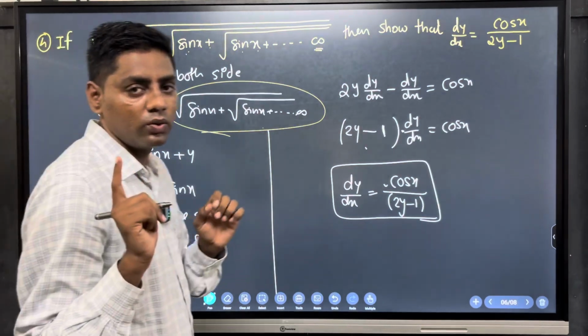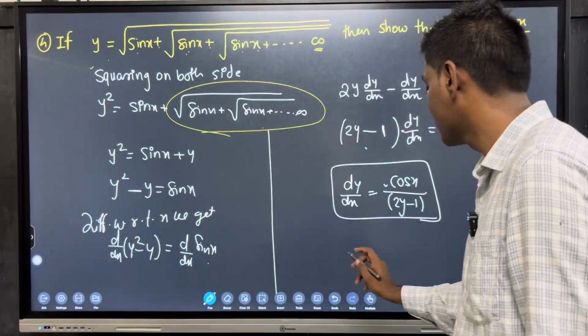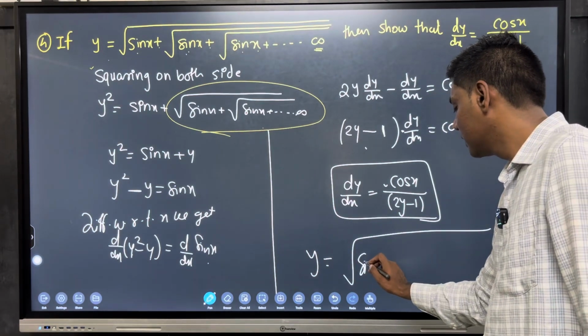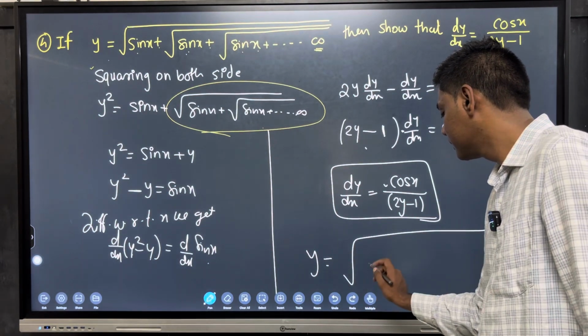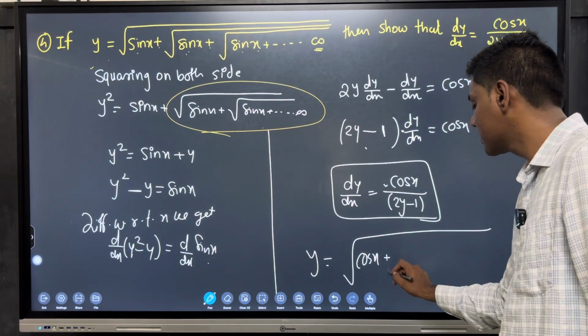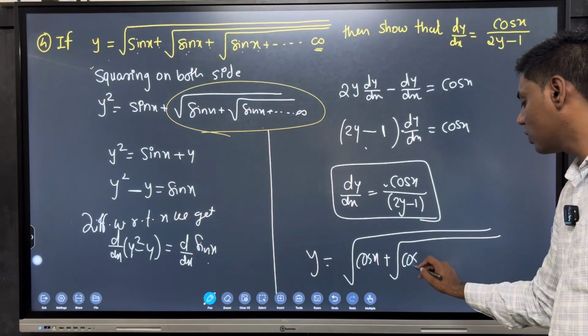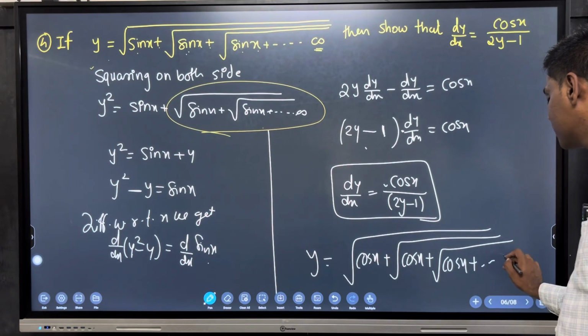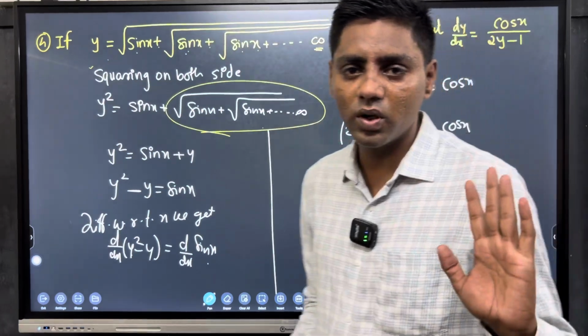So solve this one question at your home: y equals under root of cos x plus under root of cos x plus under root of cos x plus up to infinity. हा क्वेश्चन तुम्हाला घरी सॉल्व करायचा.